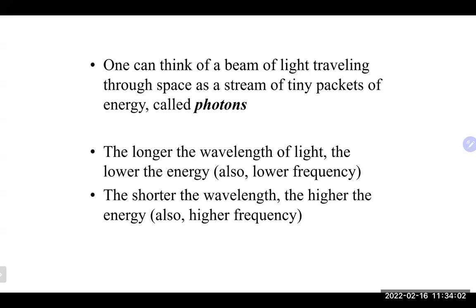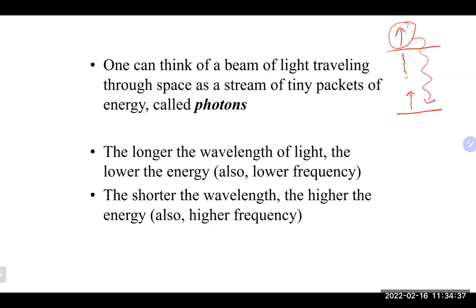One can think of a beam of light traveling through space as tiny packets of energy, which are known as photons. Relating this to the application here, we talked about an electron transitioning to a higher energy level. In chemistry, things like to be in a lower state of energy, so eventually that excited electron is going to want to work its way back down.